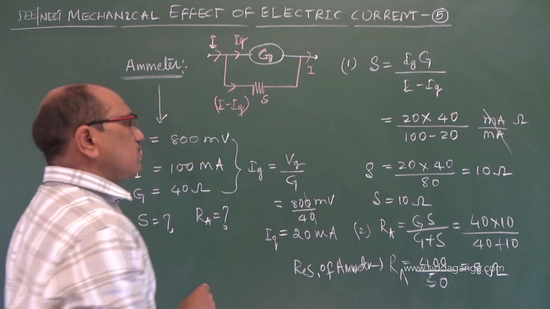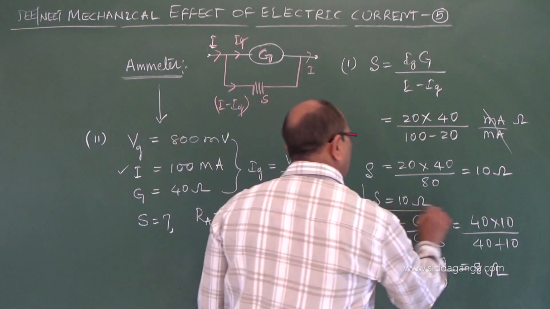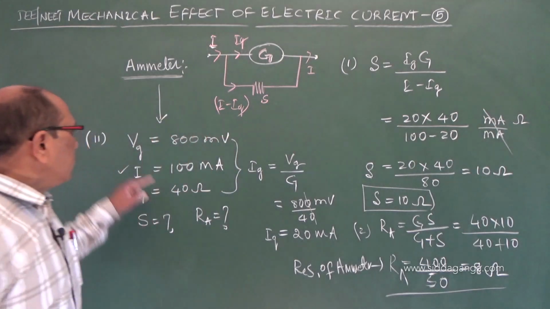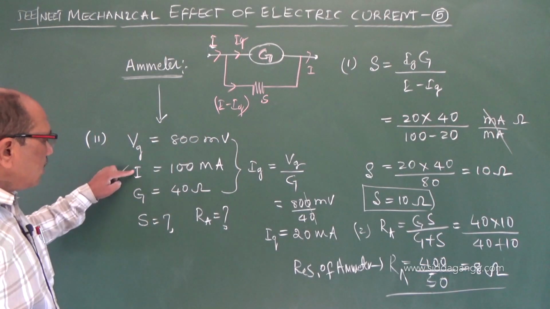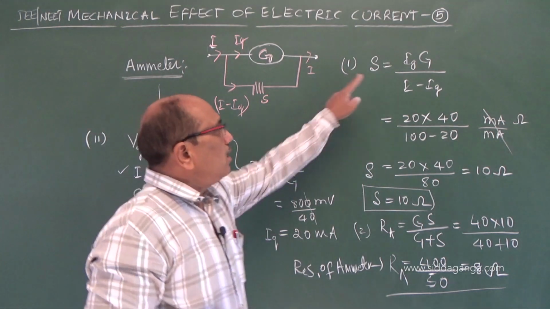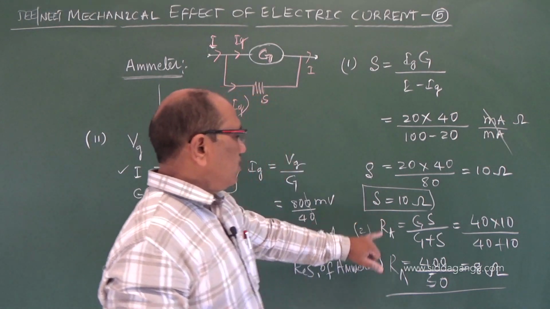The two questions raised here: calculate the value of S and calculate this. Given Vg, G, I and S, Ig is calculated as Vg by G and using the relation we got the S value and ammeter value.